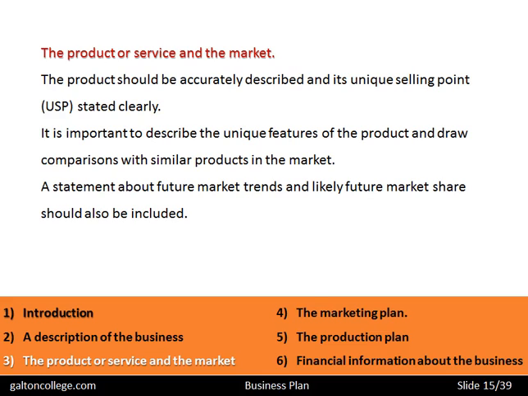A statement about future market trends and likely future market share should also be included. Now, some people say, well, you can't see the future. One famous Austrian economist, Friedrich von Hayek, said, the future is unknowable. We can't know the future. Too many things could happen.